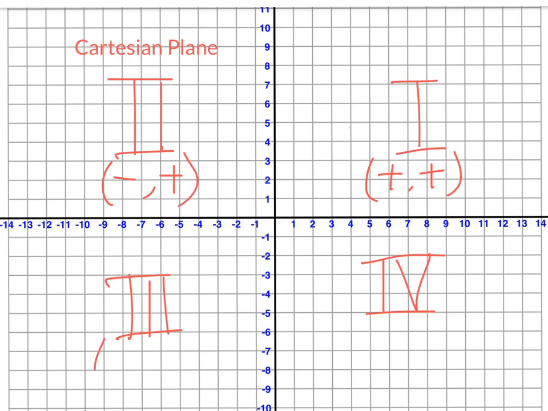For the third quadrant, quadrant 3, it'll be a negative x value and a negative y value. And for the last quadrant, quadrant 4, we will have a positive x value and a negative y value. Knowing that helps us know where we will place ordered pairs when we're plotting points, or we can quickly know if we've made a mistake by looking at the positive or negative values in them.